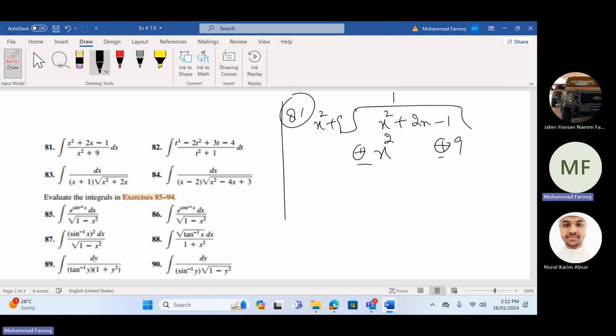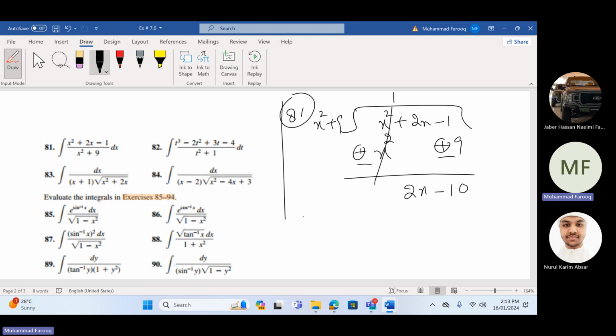Change the sign, so this is gone. What we have now is 2x minus 10. Now write your long division answer. Your question will convert to this form. The question does not change, only the format changes.